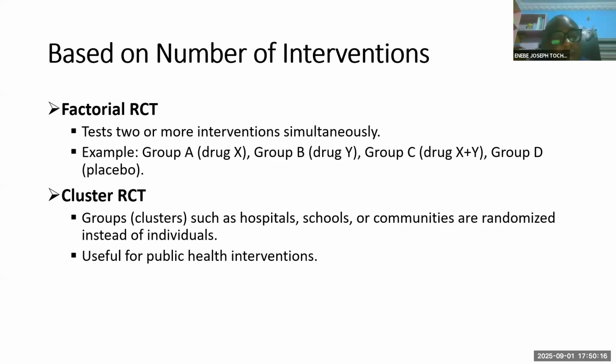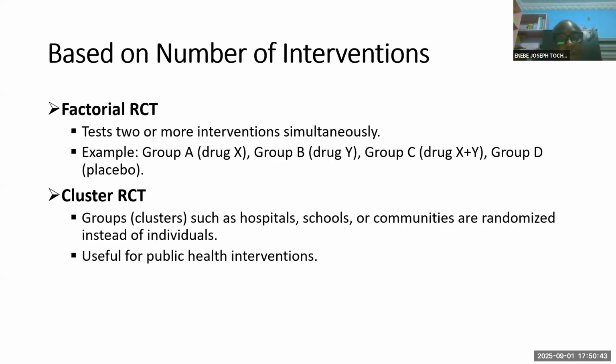So you also have the cluster randomized control trial. So here, you are randomizing clusters, for example hospitals, schools, communities, instead of individuals. So, for example, you want to talk about primary schools that do school feeding and primary schools that don't do school feeding.